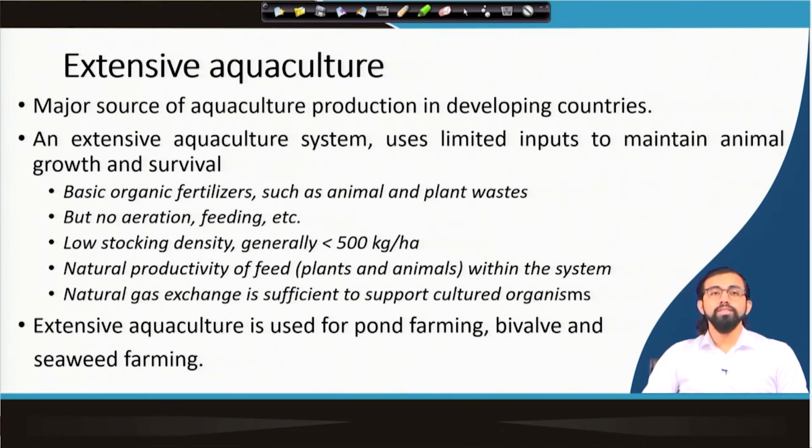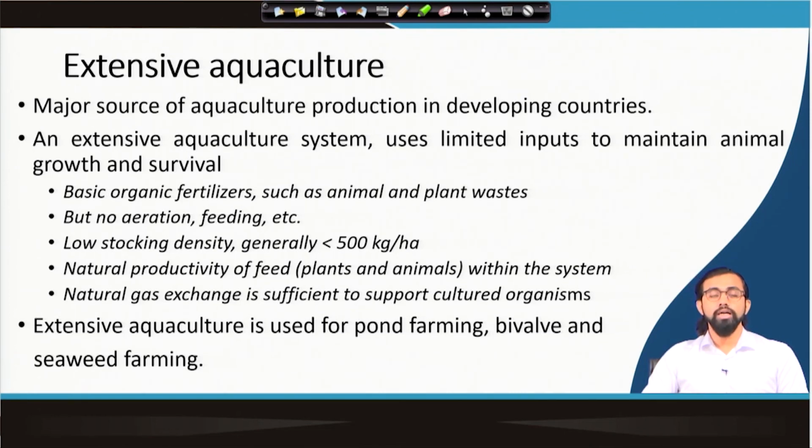Because of its extensive size, all the natural benefits available in the system, and the very low stocking density of the culture species, this extensive aquaculture system doesn't need much anthropogenic activity.